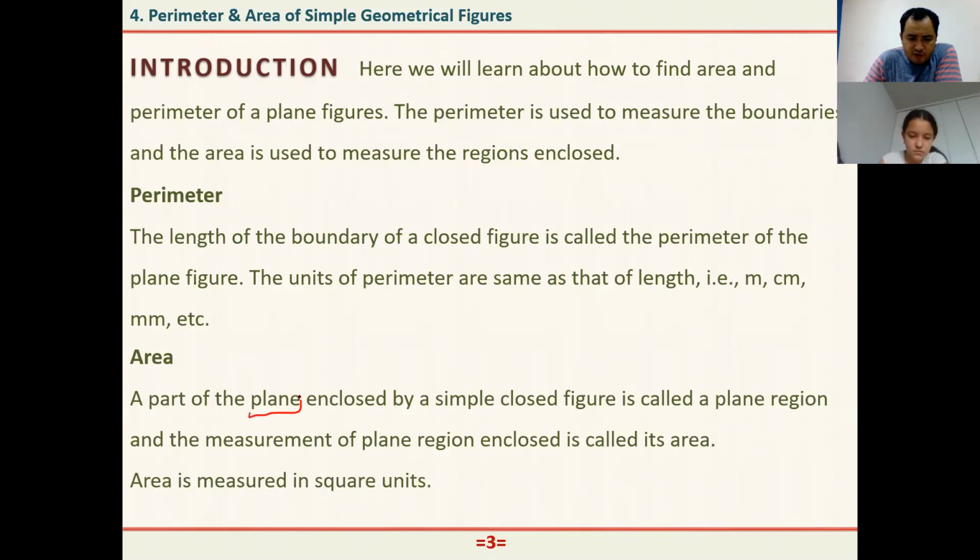A plane is a kind of two-dimensional space. Maybe it's a rectangle, maybe a square. All the things I can draw on the screen, so my computer screen is a plane for me, and I can draw a triangle here. We are talking about flat figures, not curved, and we talk about how much space they cover. That gives us the idea of area.